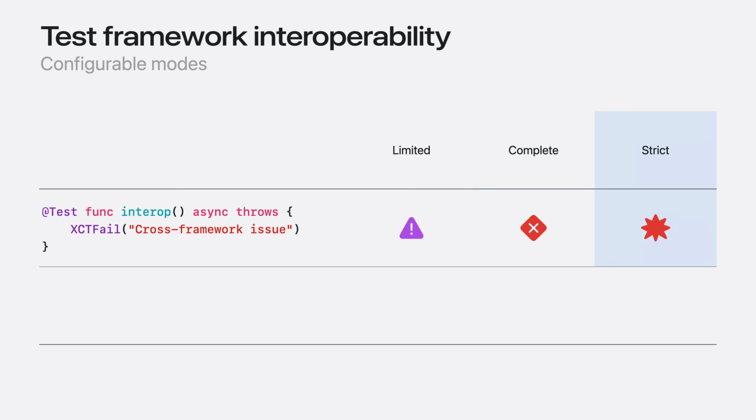One more step above complete mode is strict mode. For cross-framework issues from XCTest, strict mode stops the test in its tracks with a fatal error. This helps you find places to replace XCTest API with Swift Testing API. I've already updated the mode to strict. Now, I'll run my test again.